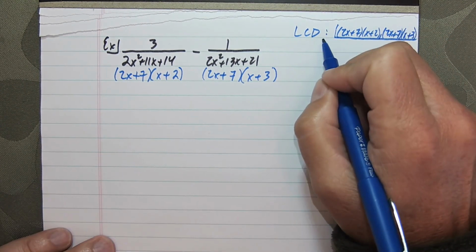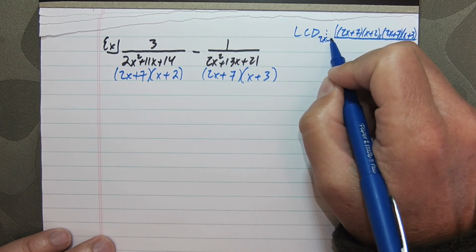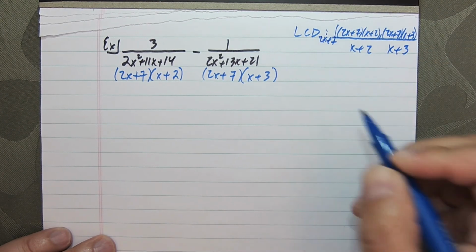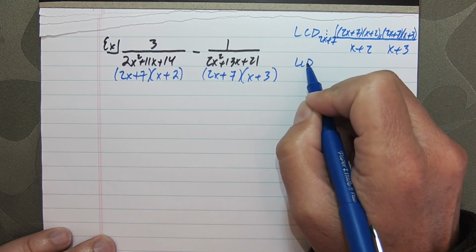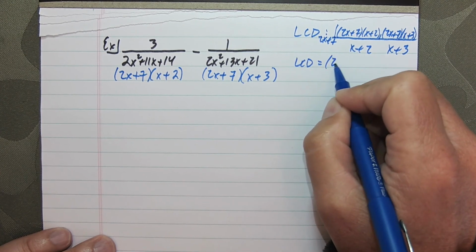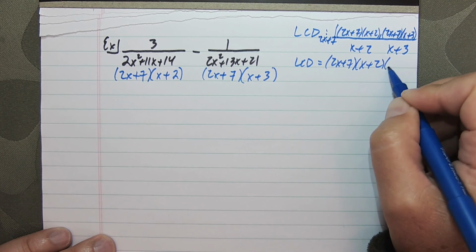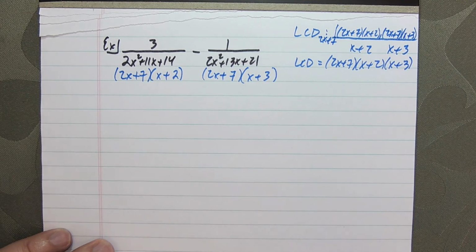And we can pull out a 2x plus 7 to get our LCD using the technique that I showed you before. I want to make sure that's clear. Do you guys see what I did?